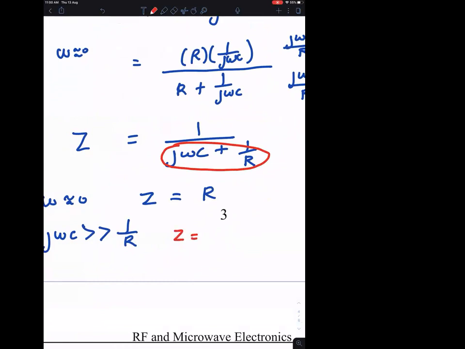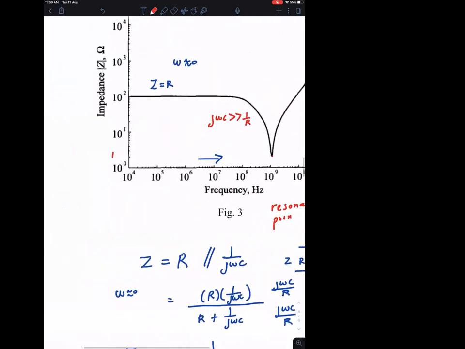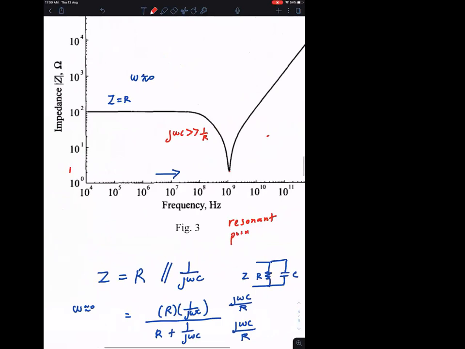Z becomes approximately 1 over j omega C. Therefore, this part of the circuit behaves as a capacitive impedance.